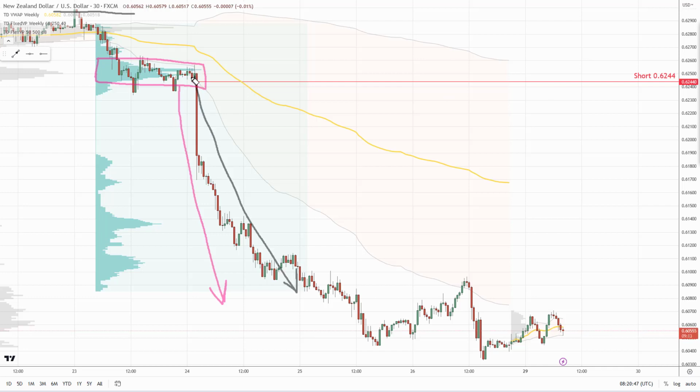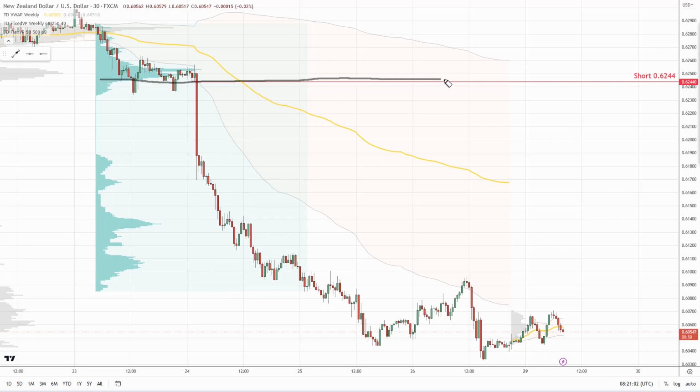What I like about this situation right here is how strong and aggressive the sell-off started from this heavy volume zone, right? So this is the volume accumulation setup, and I prefer to trade from the beginning of that heavy volume zone, which is in here at 0.6244. The next thing to do is just wait for a pullback.